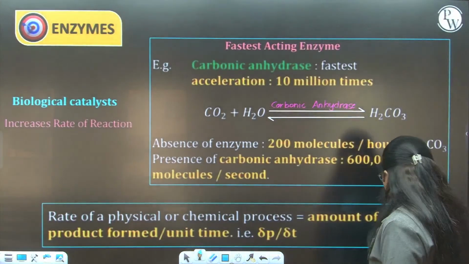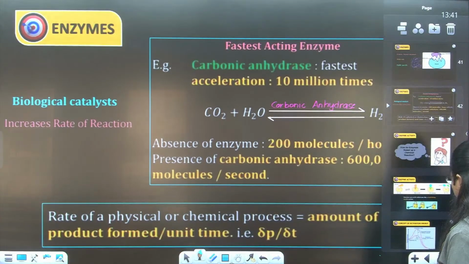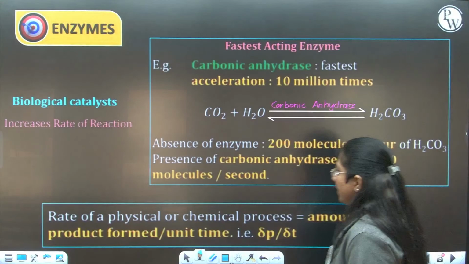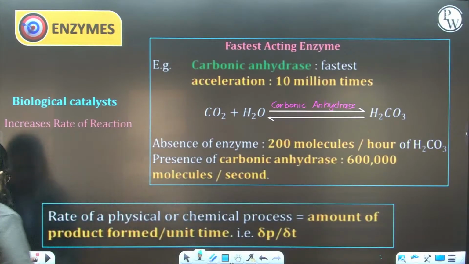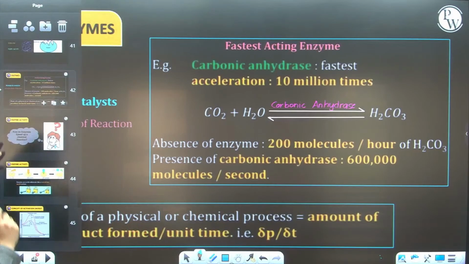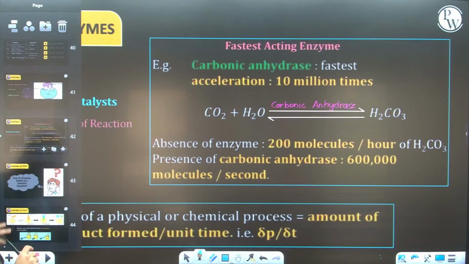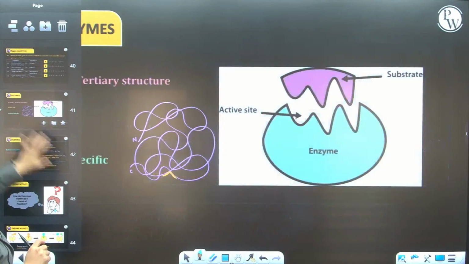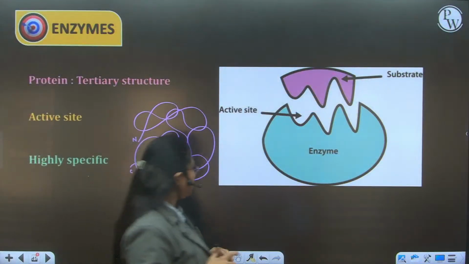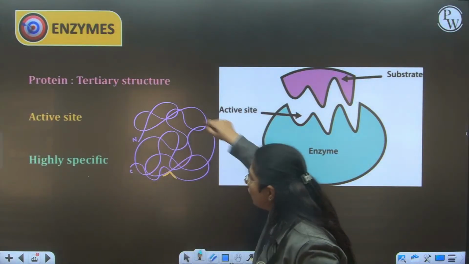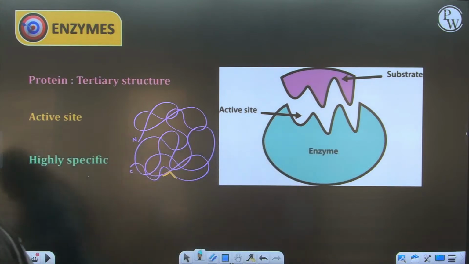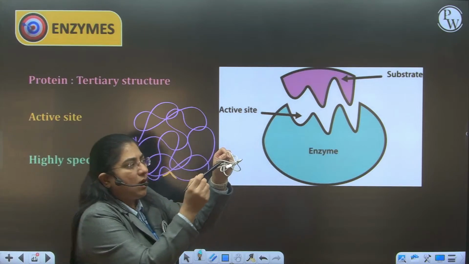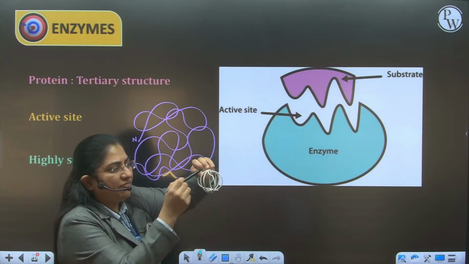Now when you're talking about enzymes, as we said, enzymes are basically tertiary structure proteins. Tertiary structure proteins means they will have a woolen ball-like appearance. As you can see here, there are a lot of pockets, a lot of crevices.